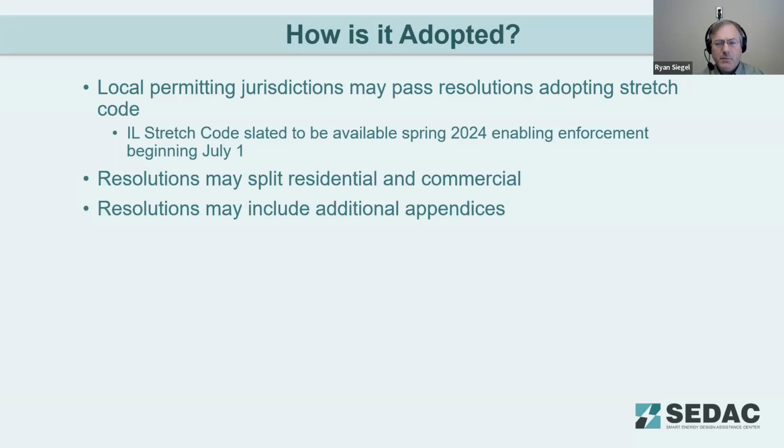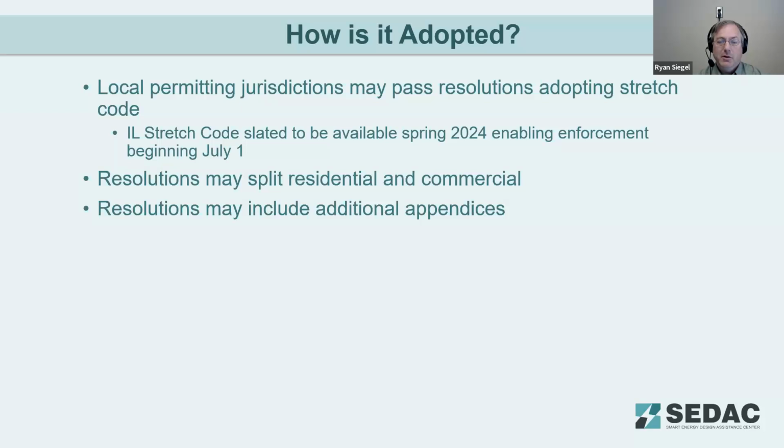I also want to recognize that jurisdictions may choose to split residential and commercial in their resolutions, so a jurisdiction may say we are going to adopt only the residential stretch code and commercial is going to remain on the base code, or vice versa.